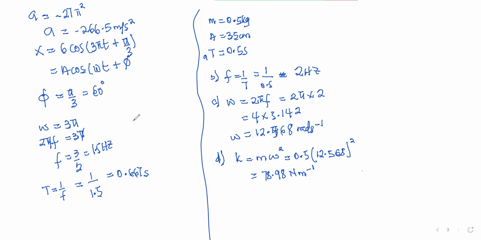The maximum speed. Maximum speed V max is equal to angular velocity times the amplitude. So angular velocity is 12.568 times the amplitude.